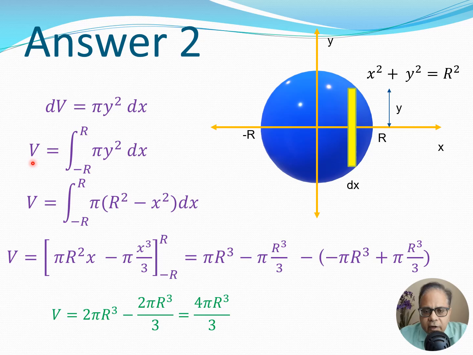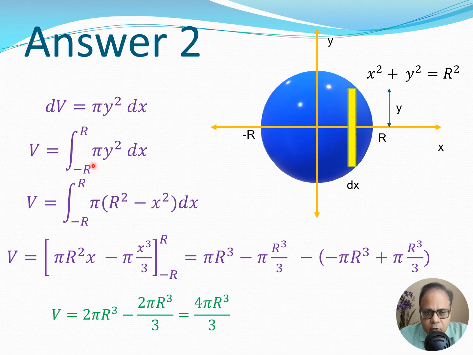Now if we want to find the volume of the sphere, we have to integrate this between negative r and r, and remember this is related to x, so x is the coordinate in this direction and we have dx here. Once we have written it in this form, it becomes a math model, and you can convert this into a simple integration problem.